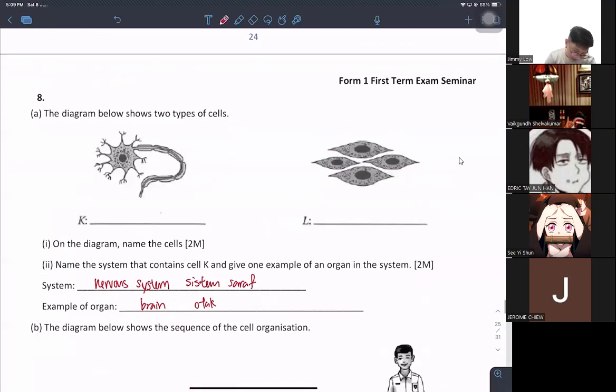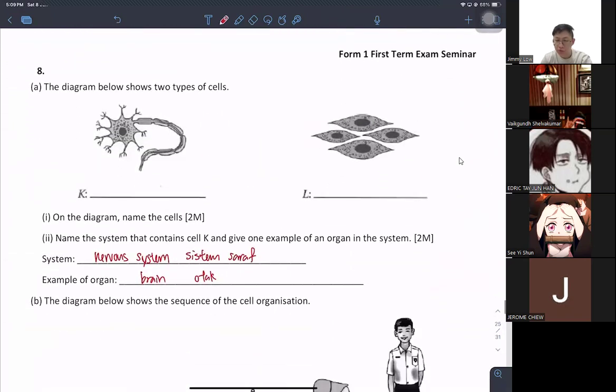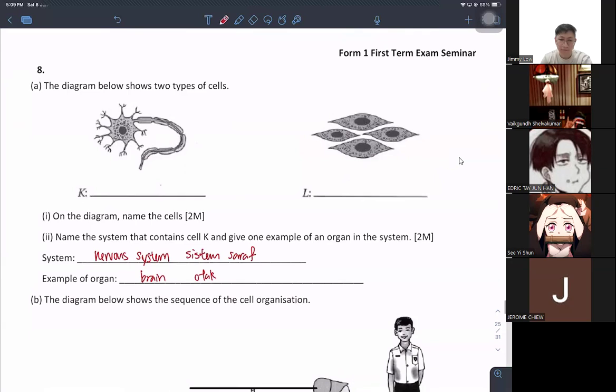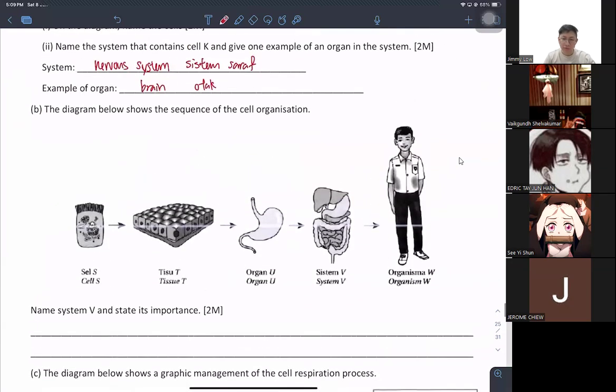Muscle cell, because it is showing a cell. The question is asking you to name the cells, so you write cells. If the question asks you to write the tissue, then you write tissue, but very unlikely. The question usually wants you to write cell. Muscle cell.